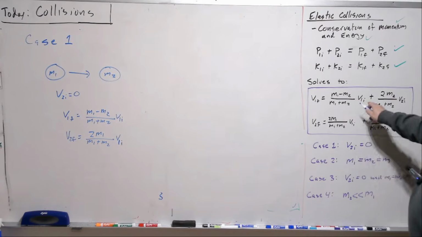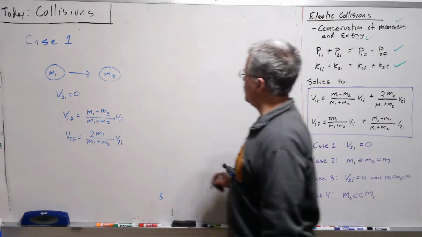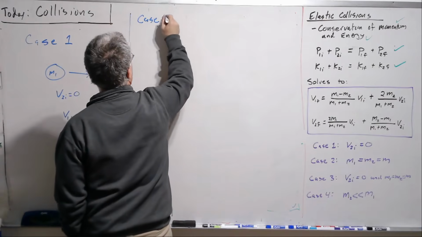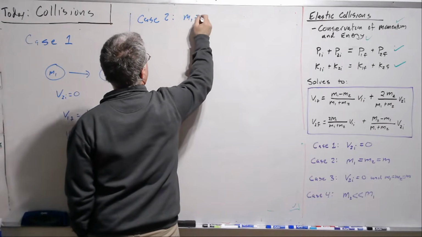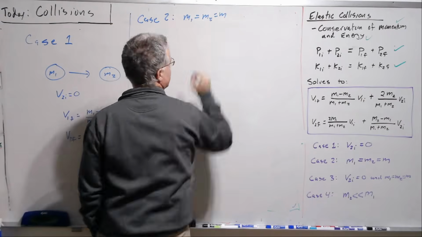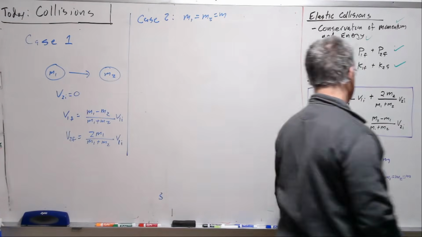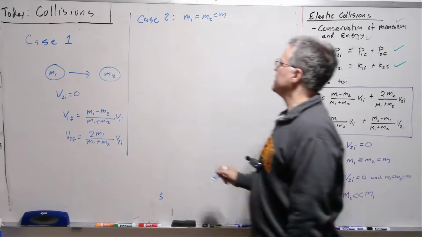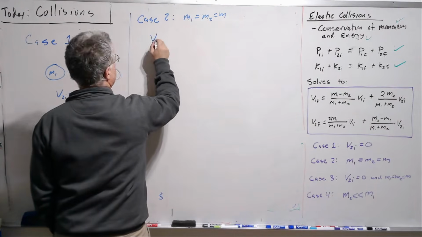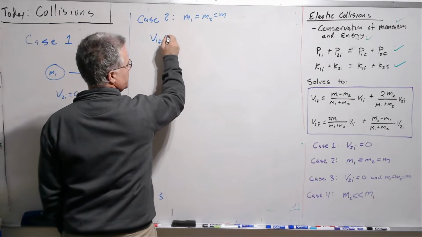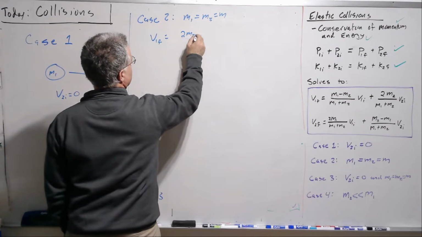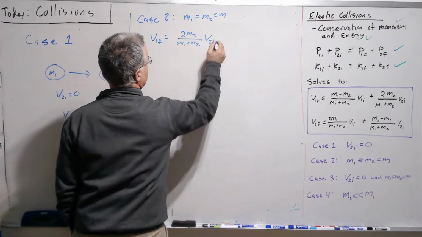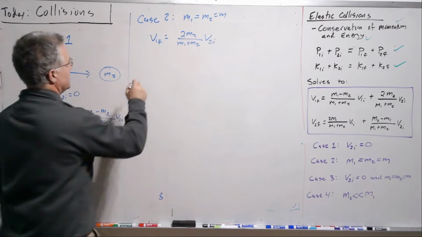All right, let's look at this under the special case of case 2. So now we're going to get these terms to cancel here. And so that's interesting. V1 final only depends on V2 initial and vice versa.